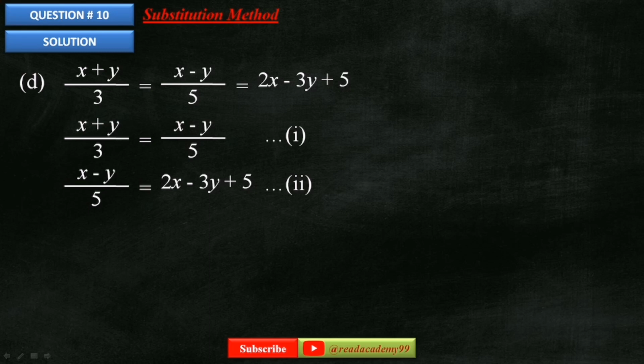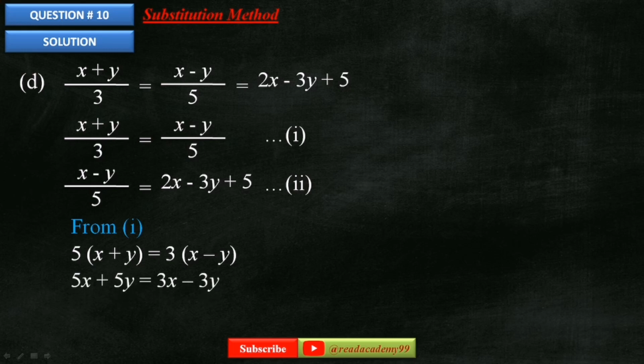I'm going to use the substitution method to solve this question. From the first equation, cross multiply the terms, and we have 5 times (x plus y) equals 3 times (x minus y). Now multiply these terms, and we have 5x plus 5y equals 3x minus 3y. Now get the x terms on the left side and the y terms on the right-hand side.